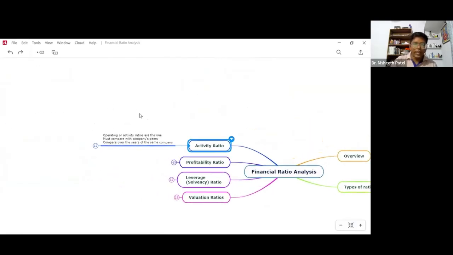So activity ratios are the ratios which must be compared with the company's peers, and over the years for the same company.